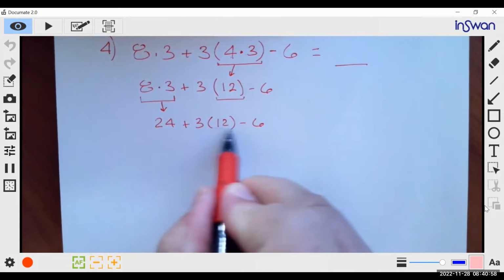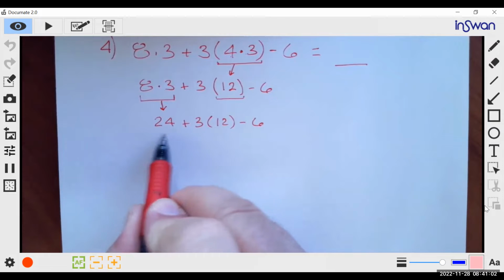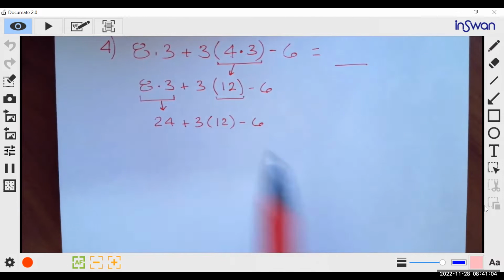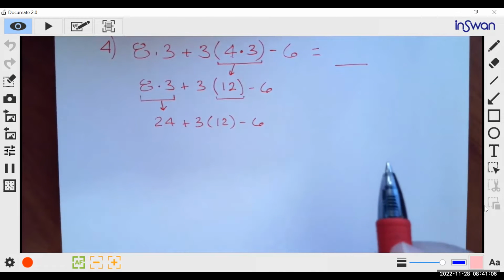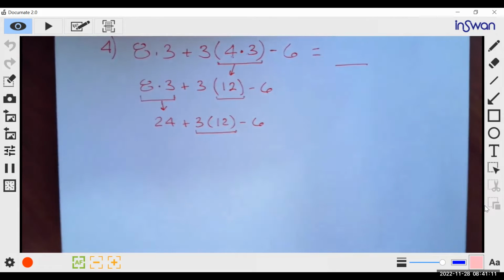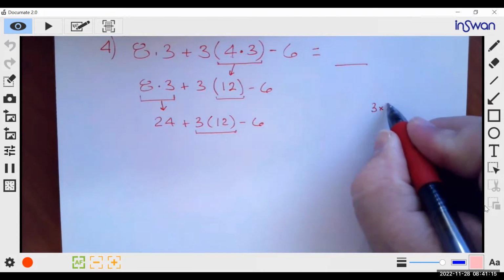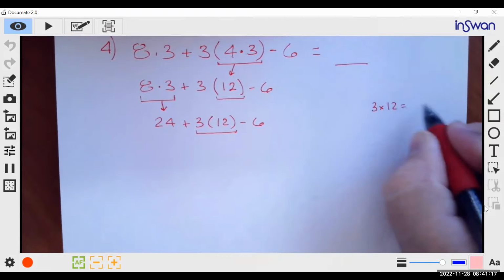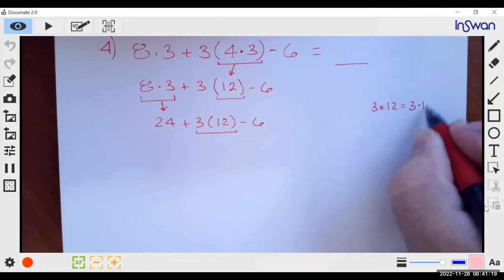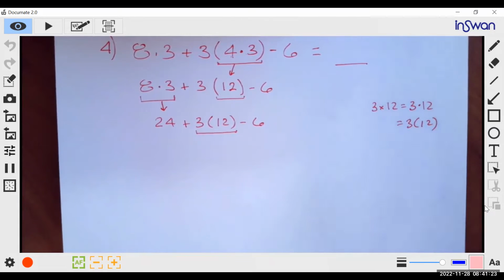Special operations. We can't do anything inside the parenthesis there. So second thing, any multiplication division? Are there any multiplication or divisions? Multiplication. All of those mean the same thing.